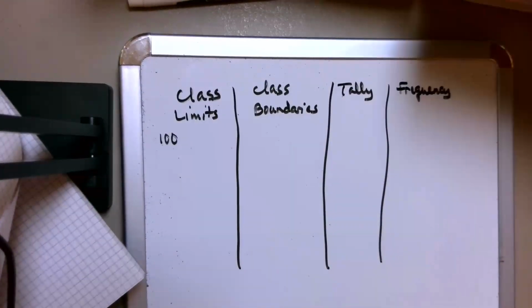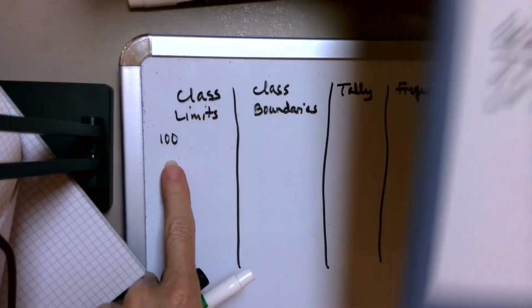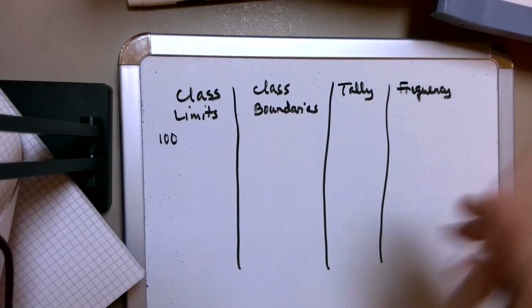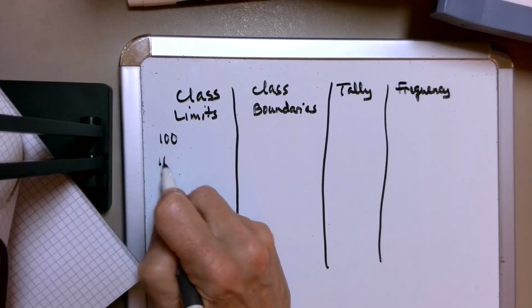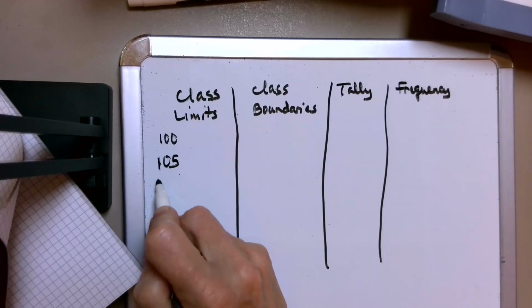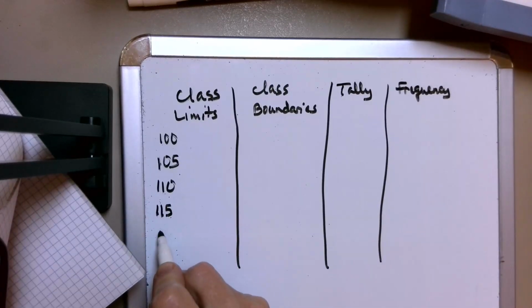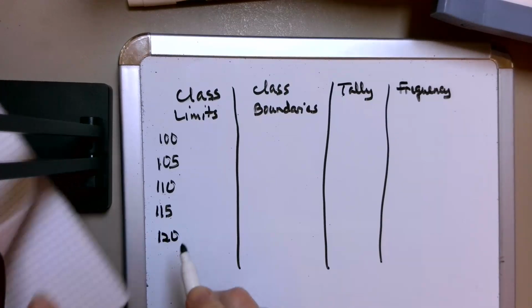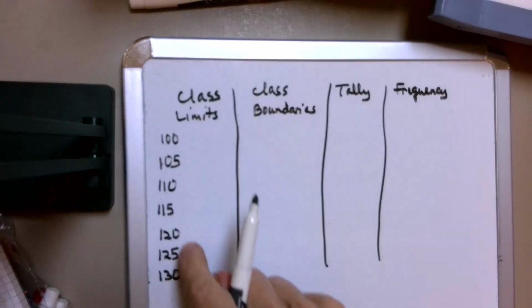So we're going to take that magic number of 5, the class width, and these are called the lower class limits for each class. We're just going to keep adding 5 until we get 7 classes. So adding 5, I get 105. Adding 5, 110. Adding 5, 115. Adding 5, 120. Adding 5, 125. Adding 5, 130. 1, 2, 3, 4, 5, 6, 7.